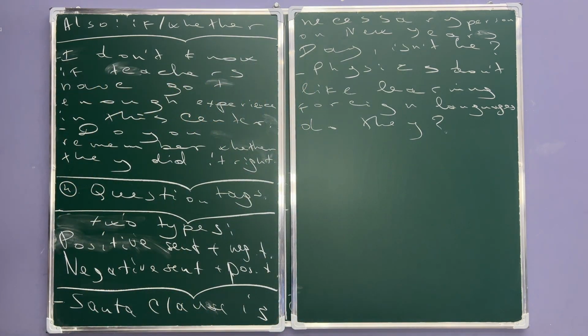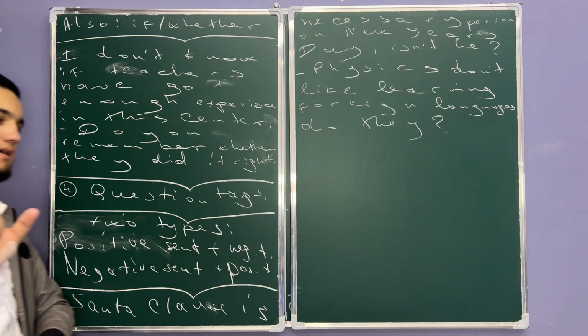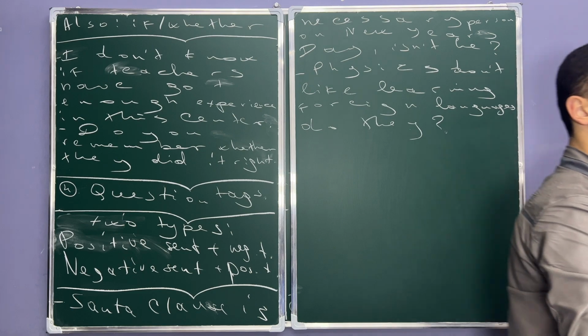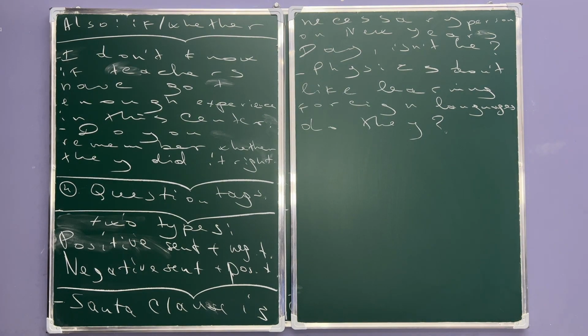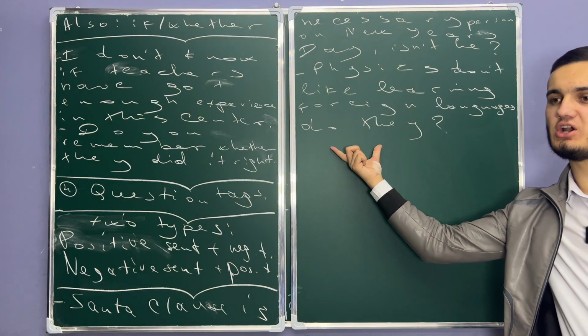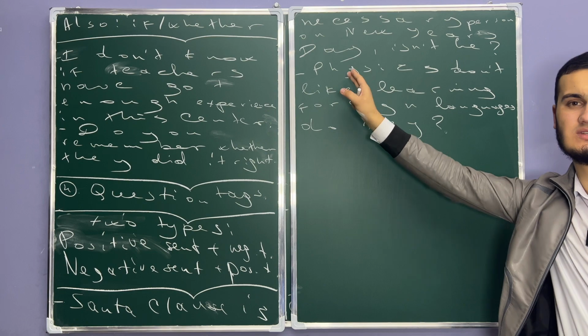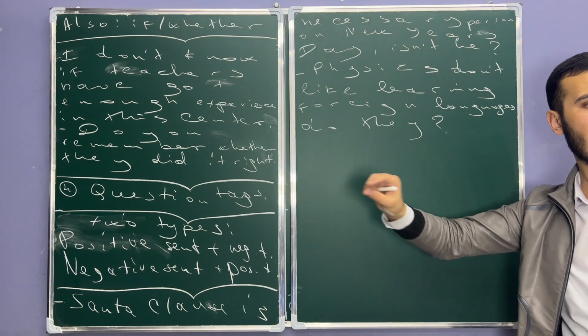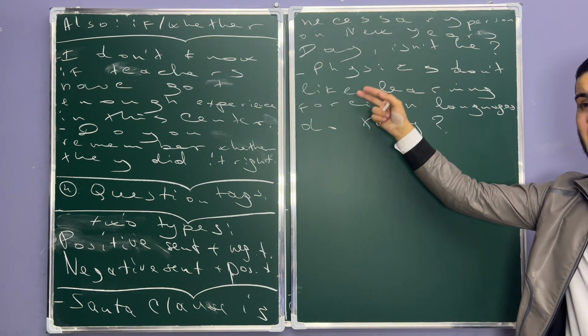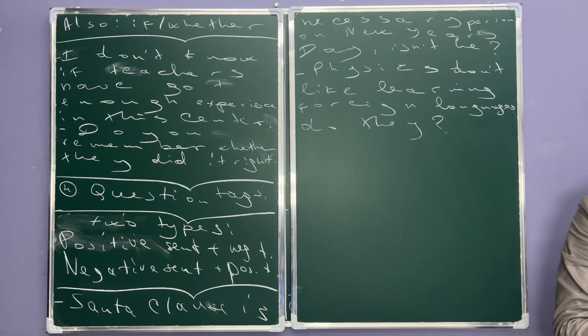Because I used don't in the first sentence. Pay attention. You have to use the same auxiliary verb in the tag part of the sentence. If you use do here, you should use do. If you use did, you should use did here. And if you use can, you should use can here. No alterations should be done, ladies and gentlemen.